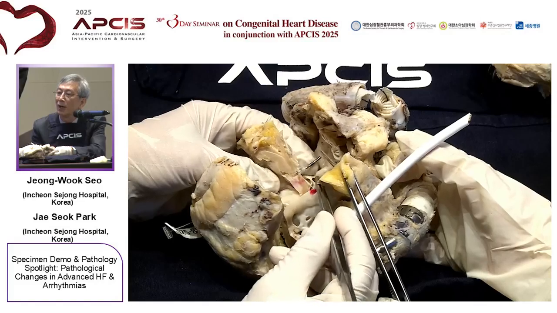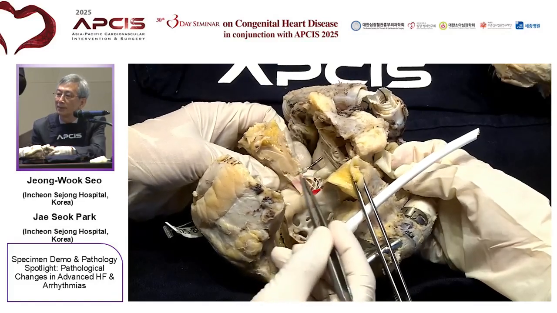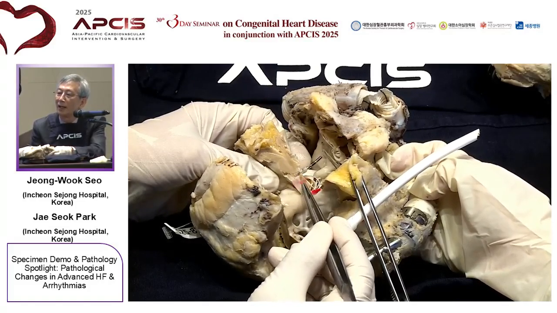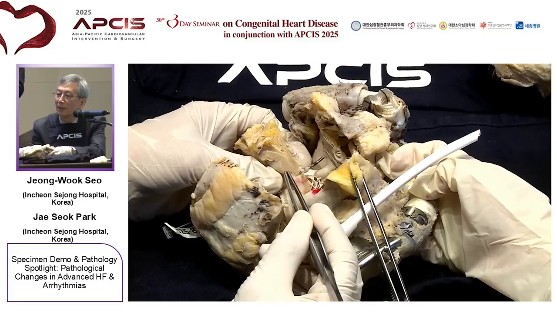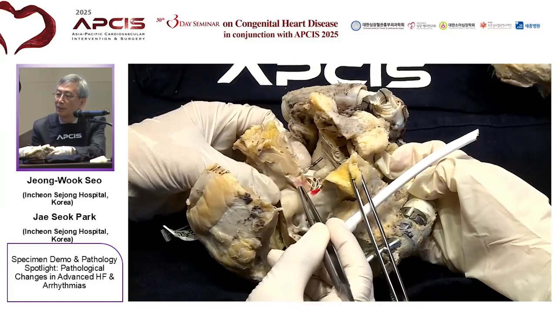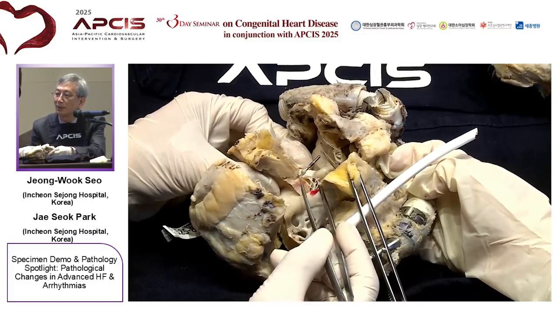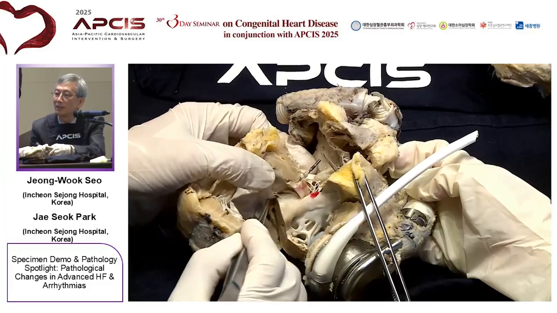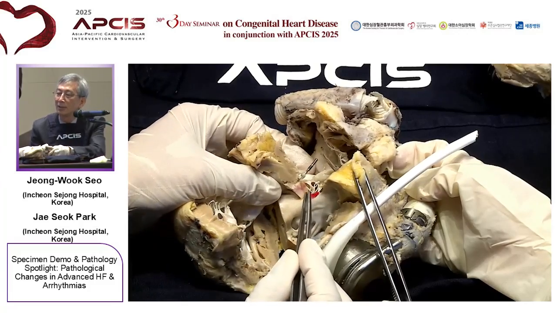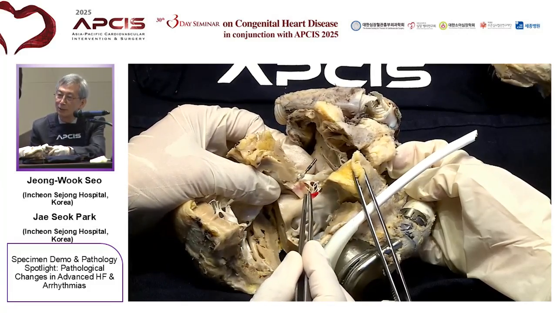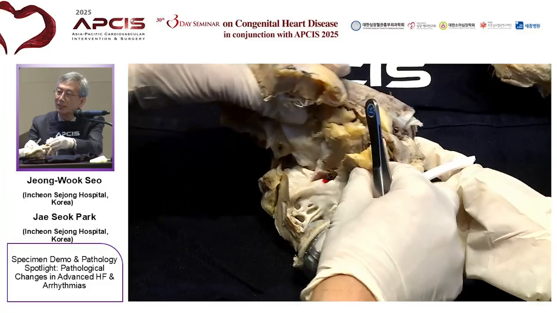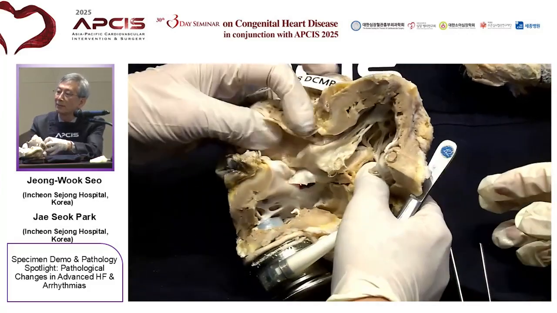Also, we have seen the histology of this area, that the diffuse fibrosis of this area could cause atrophy of the left bundle branch. So in this particular case, Dr. Park and I discussed the condition of the left bundle branch tissue in this particular patient. That means we will look from the left ventricle.